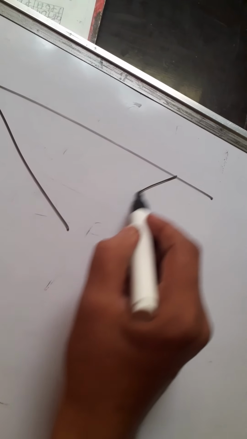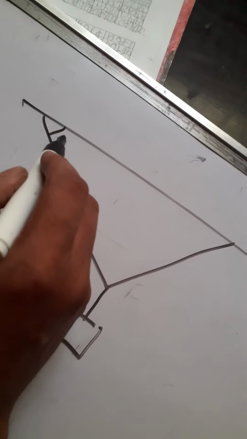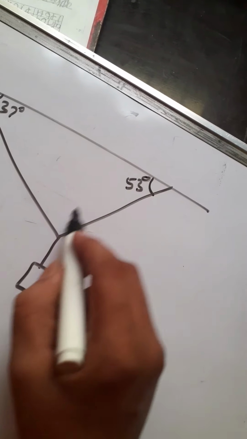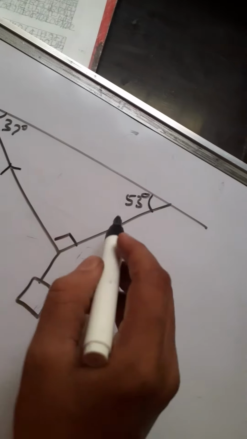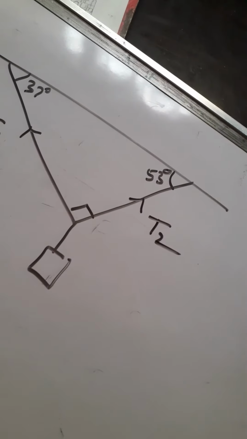If you take this example, a block is suspended with two threads. This one making 37 degrees, this one making 53 degrees, this is 90 degrees. Calculate the ratio of tensions T1, T2.